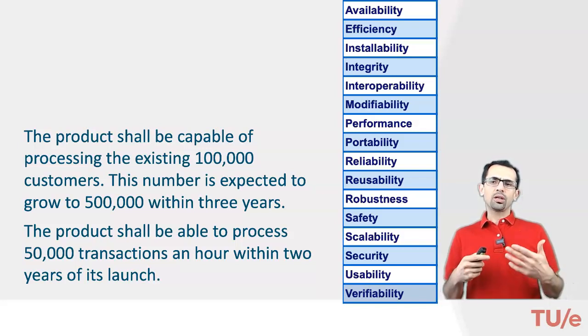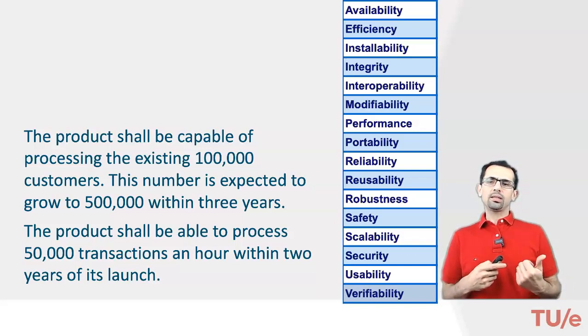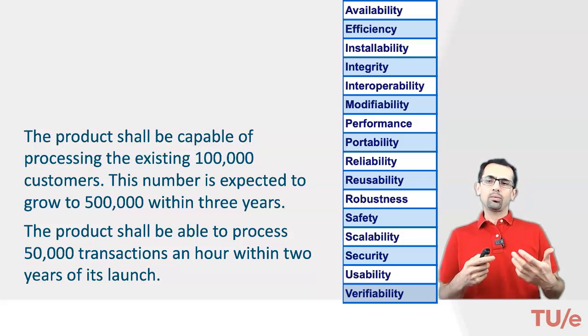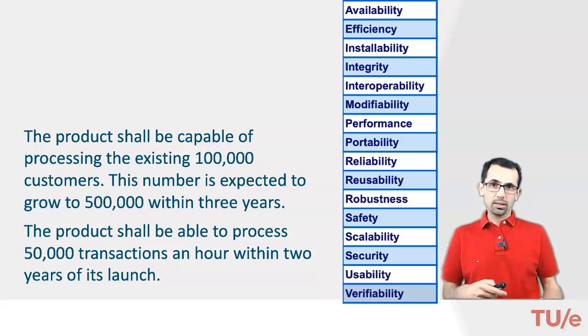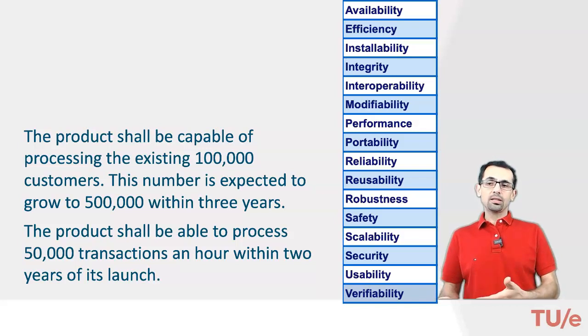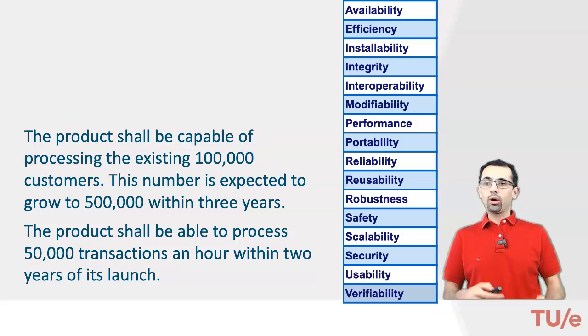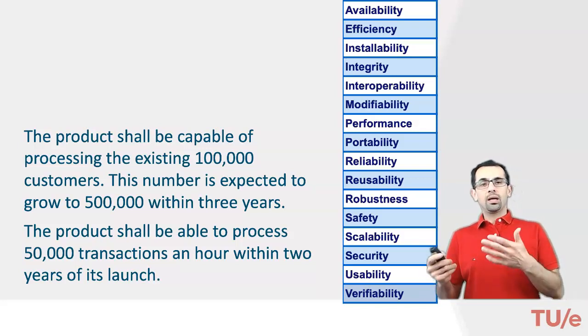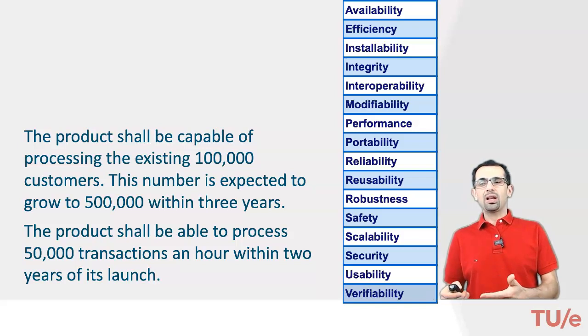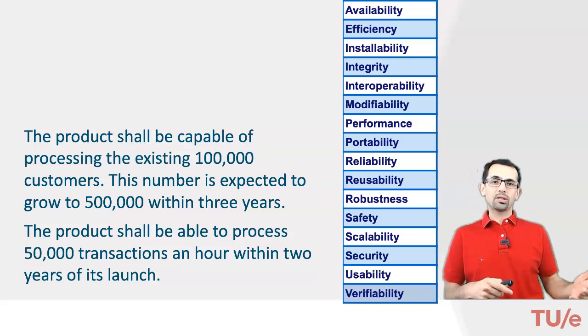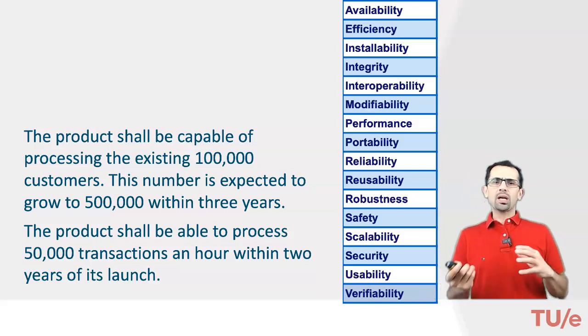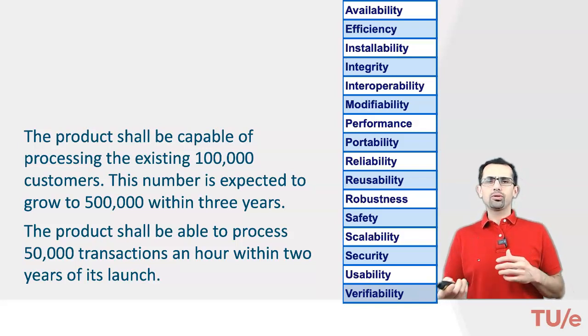The product shall be capable of processing the existing 100,000 customers. This number is expected to grow to 500,000 within 3 years. Or the product shall be able to process 50,000 transactions an hour within 2 years of its launch. Sometimes this is confused with performance, but it's not like that.